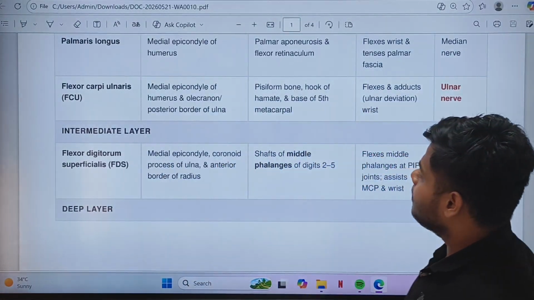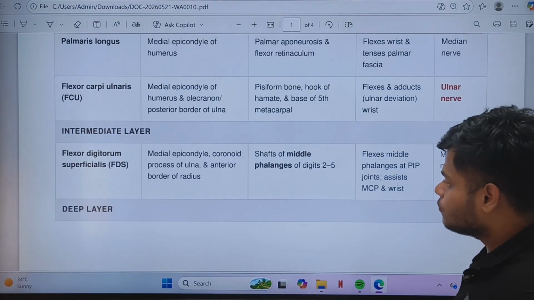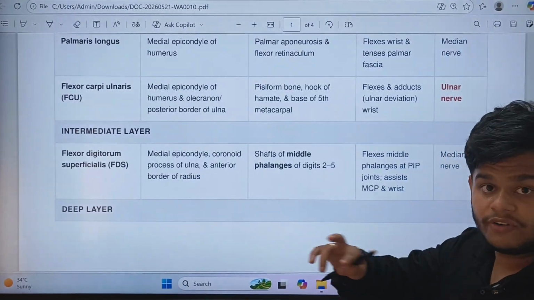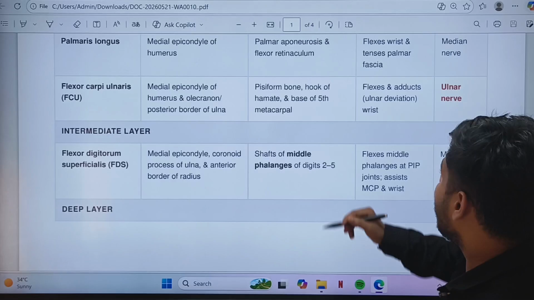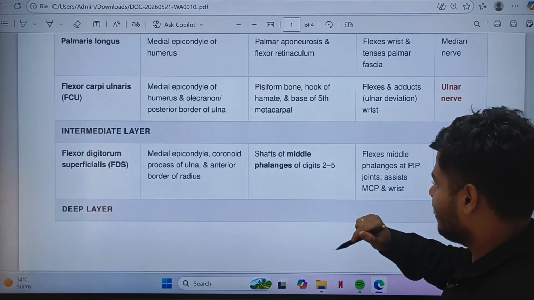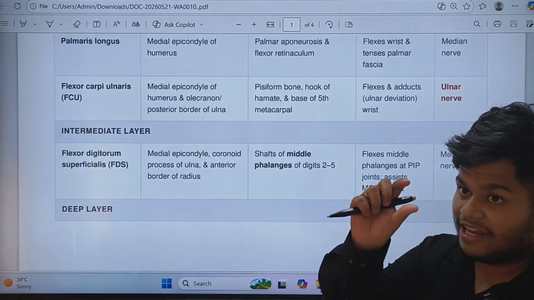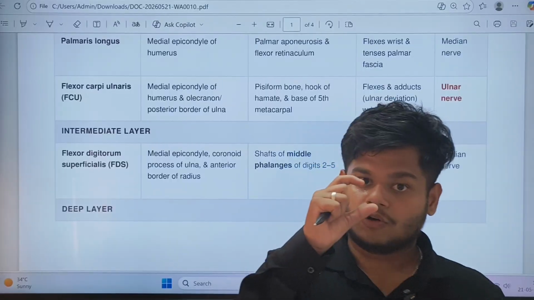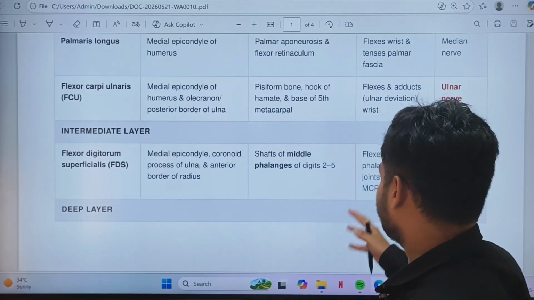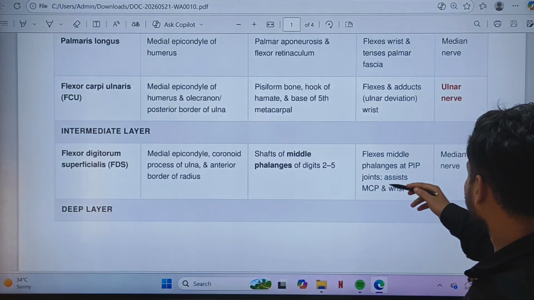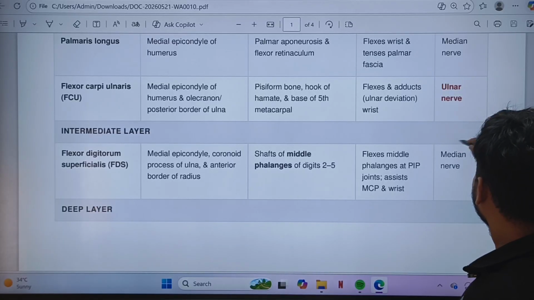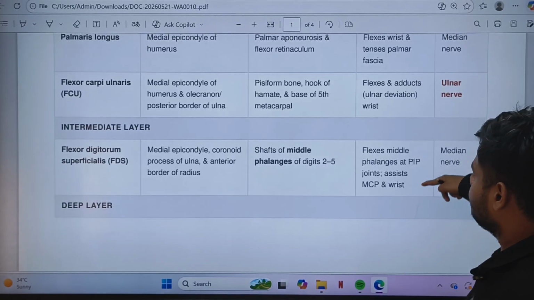It originates from the medial epicondyle, the coronoid process of the ulna and the anterior border of the radius, and it inserts on the shaft of the middle phalanges. Phalanges are also bones and have a shaft. It flexes the middle phalanges.